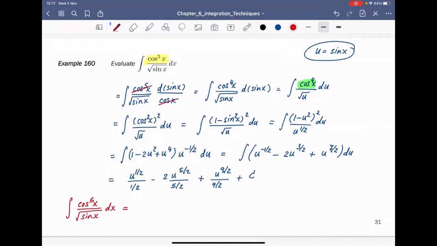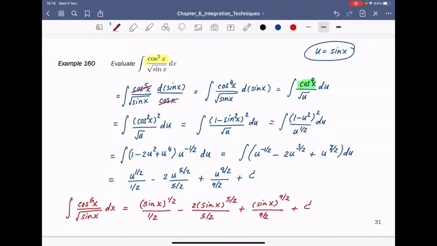So it's going to be sine x to the 1/2 over 1/2 minus 2 times sine x to the 5 over 2 over 5 over 2, and then plus sine x to the 9 over 2 over 9 over 2 plus c.